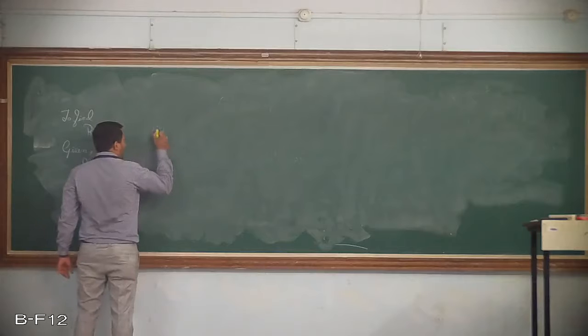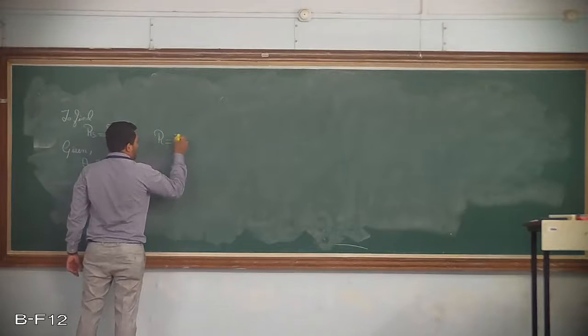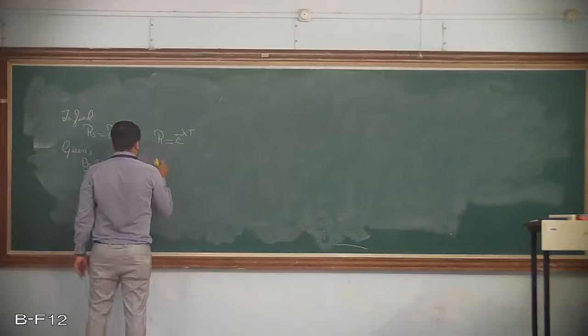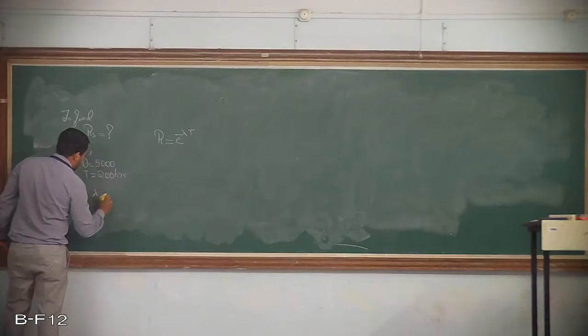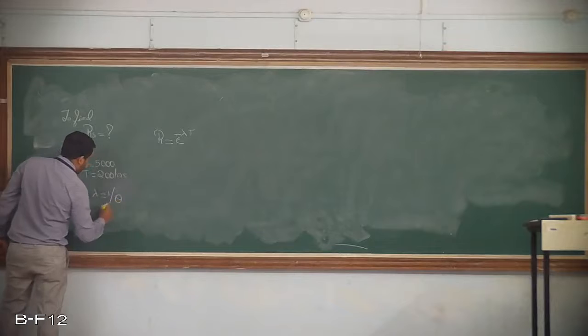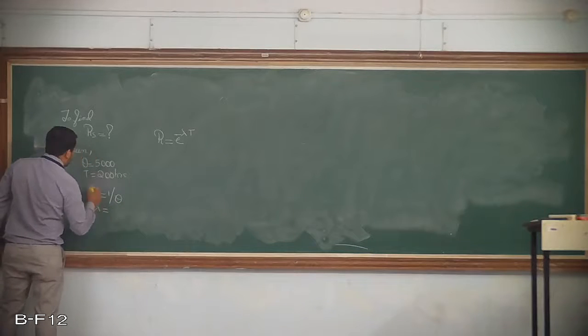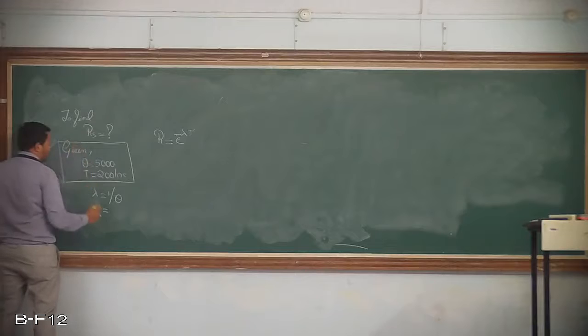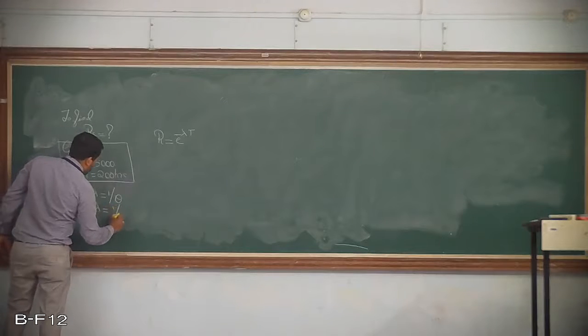And we know that again the reliability is equal to e raised to minus lambda t, and we know that lambda is equal to 1 by mean time between failure, that is lambda is equal to 1 by 5000.